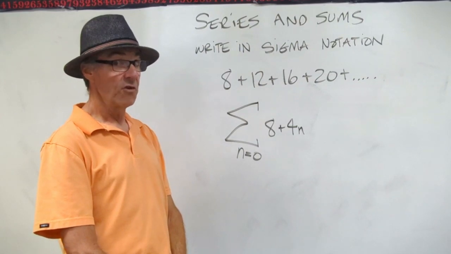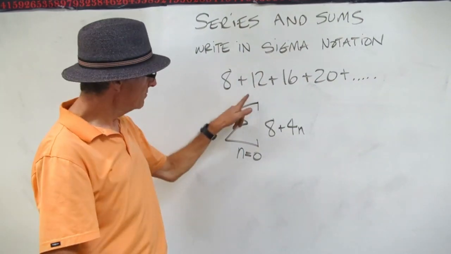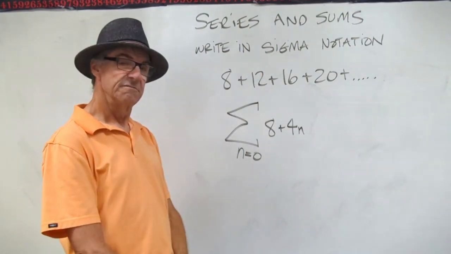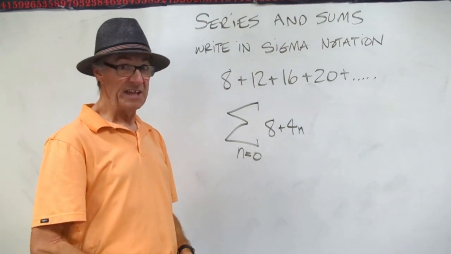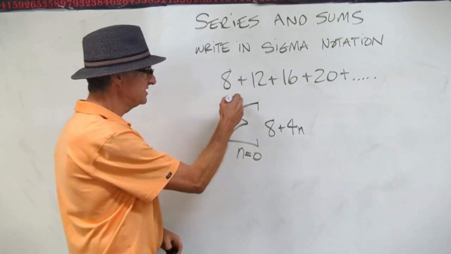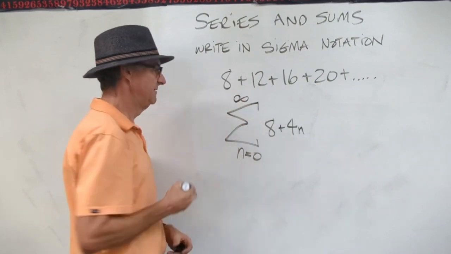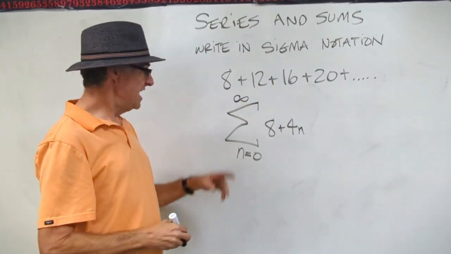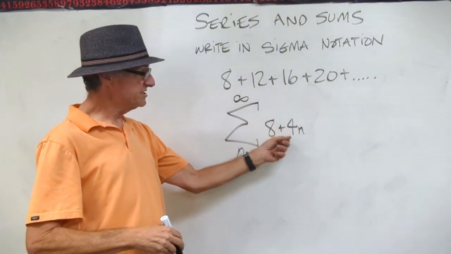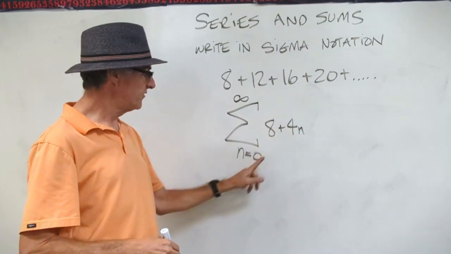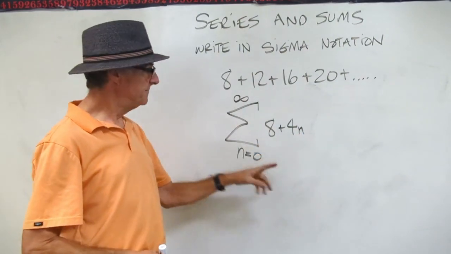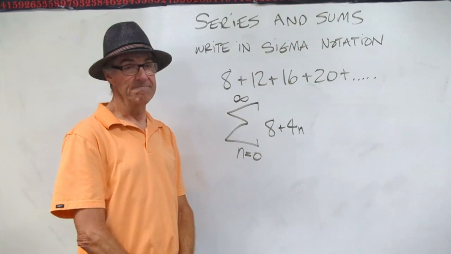It goes on forever, it's infinite, so what would we put up here? We put the fancy infinity symbol, just like this. So this means the sum of the sequence as n goes from 0 to infinity of 8 plus 4n.